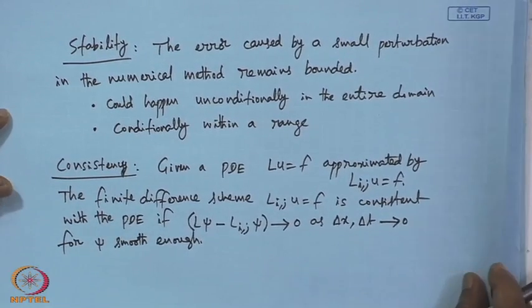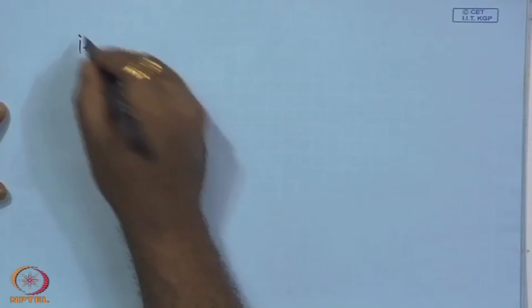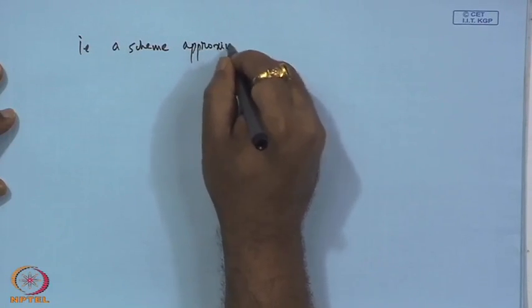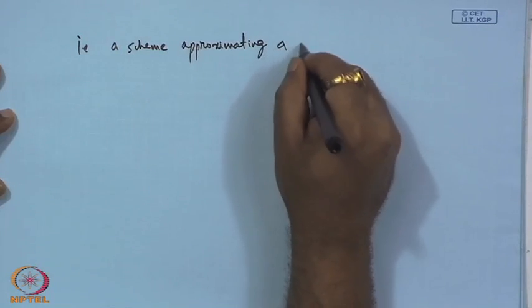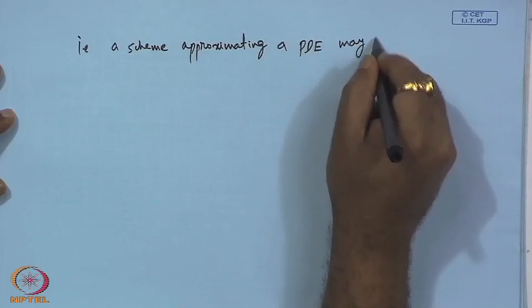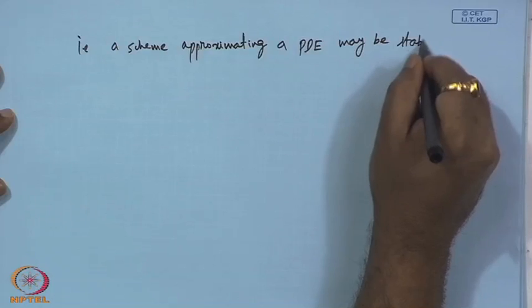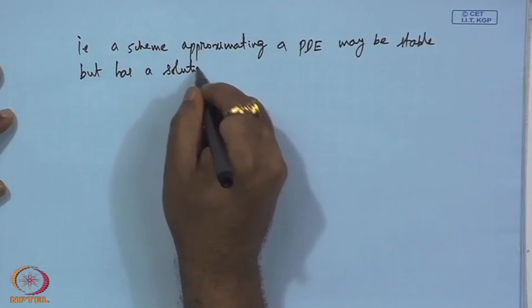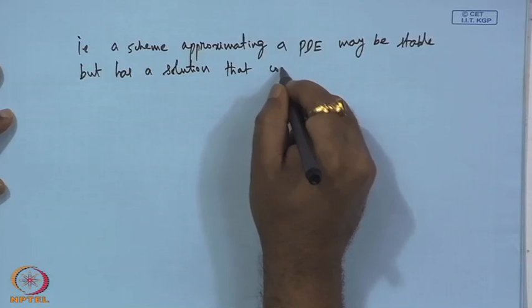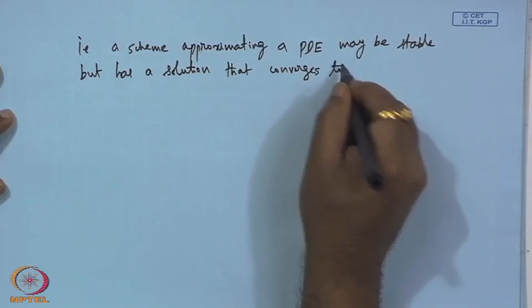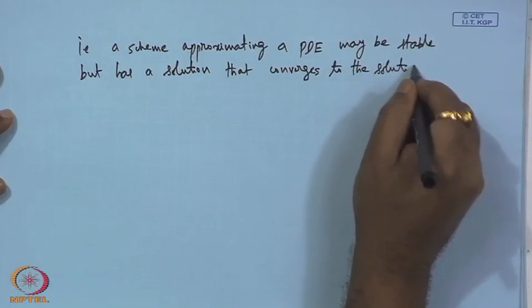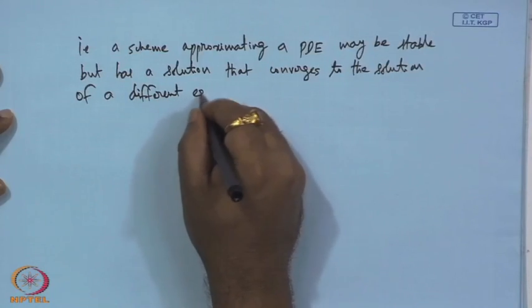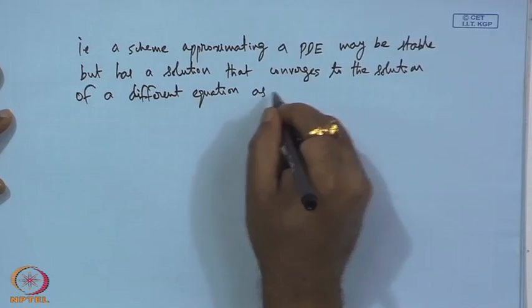Now, what could go wrong? A scheme approximating a PDE may be stable, but has a solution that converges to the solution of a different PDE, a different equation, as the mesh length goes to 0.